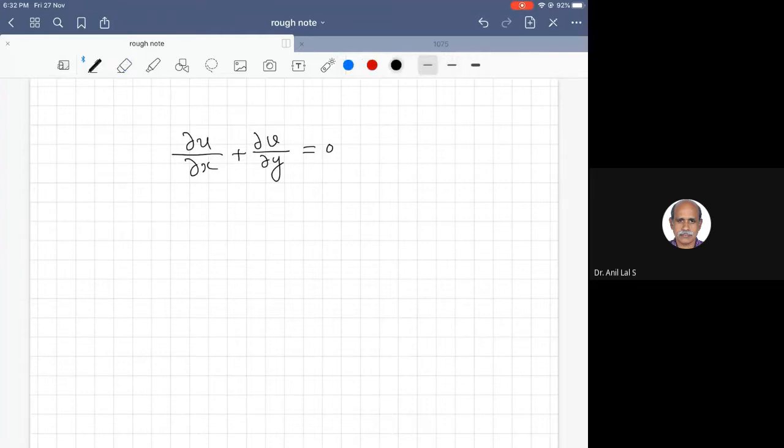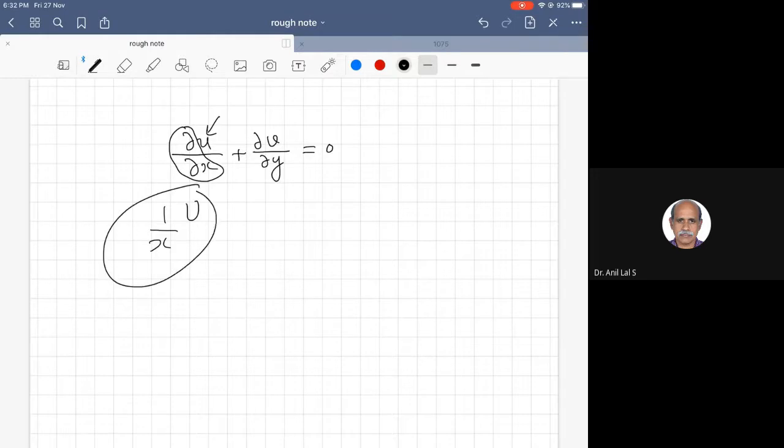We know ∂/∂x is of the order of 1 by x, and u is of the order of U. So this first term is of the order of U by x.